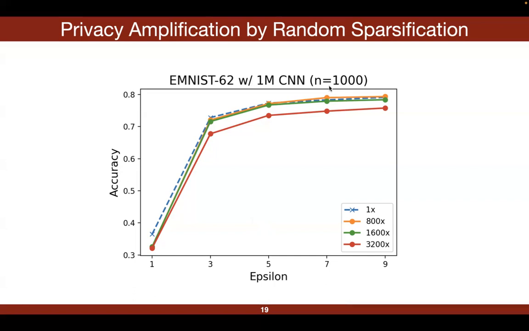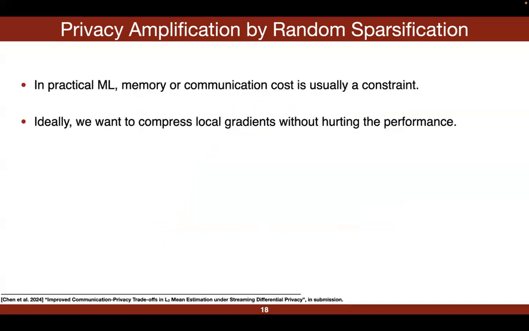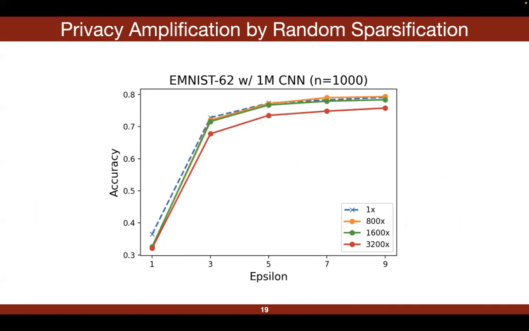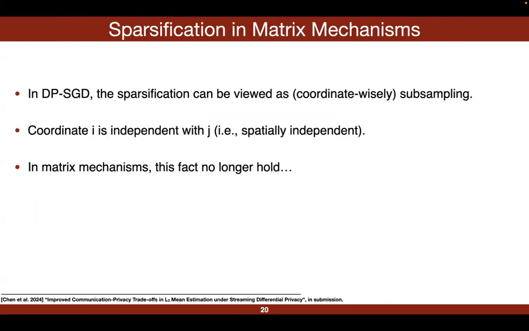I guess the idea is that if you analyze the error due to compression and compare it with your DP noise, they are actually of a similar order. So if we drop more, then we can lower the Gaussian noise.